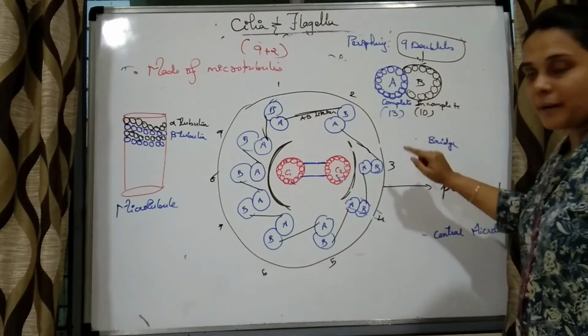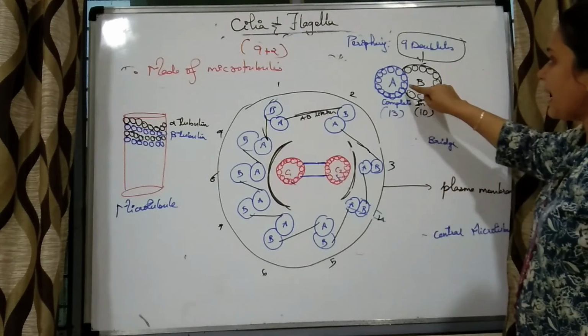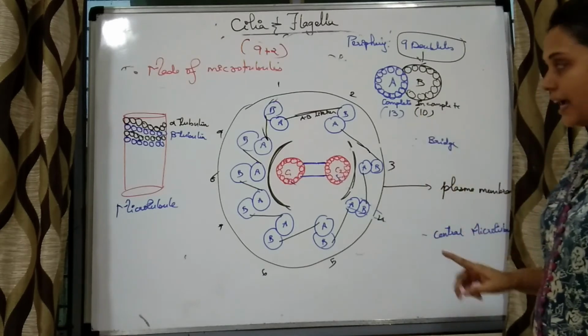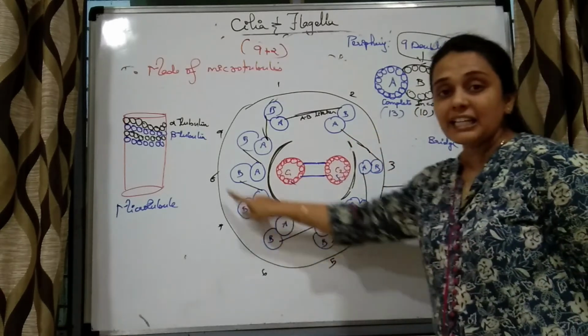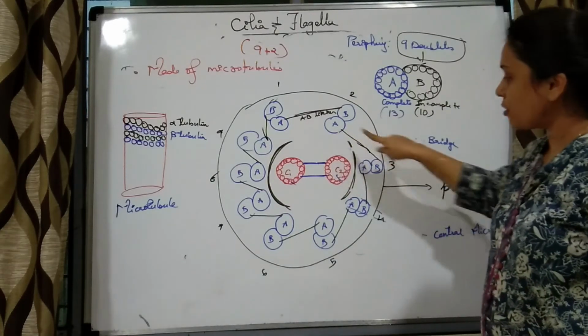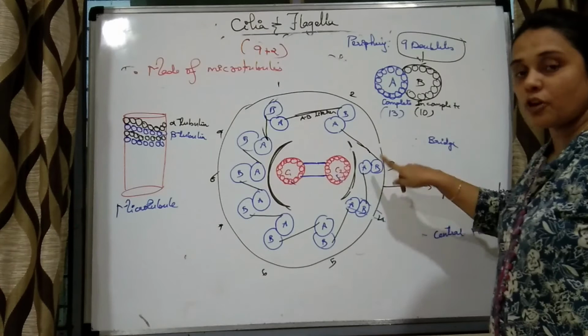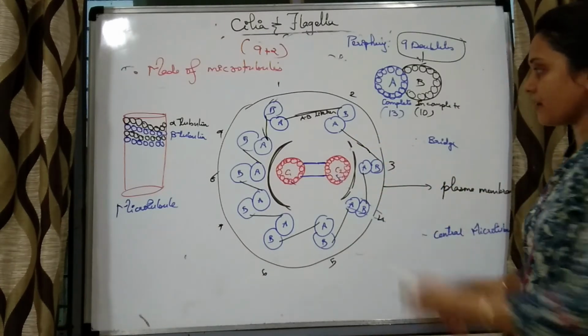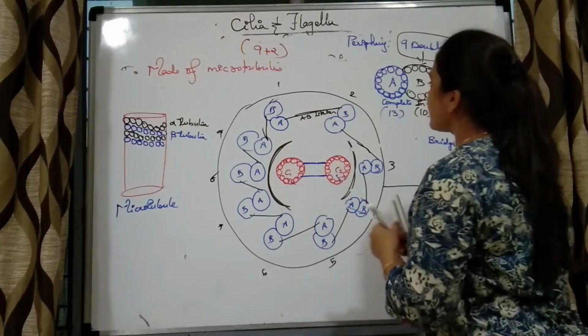B is incomplete, it is made up of 10 and shares 3 tubulin proteins with A. So such 9 peripheral doublets are present. The A tubule is connected with the B tubule of the other doublet by a linker. That is the AB linker.